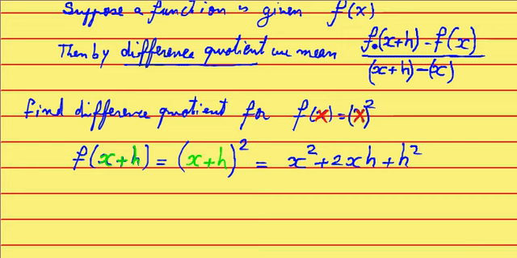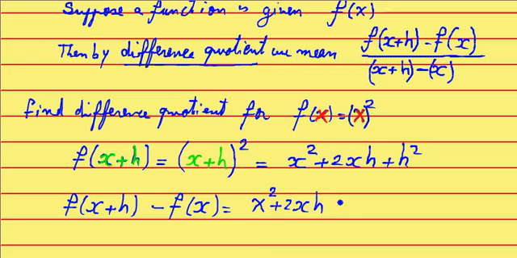In the numerator, here I have f of x plus h minus f of x. So let me write that down: f of x plus h minus f of x. So that's going to be all of this, x squared plus 2xh plus h squared. That is all from the first.